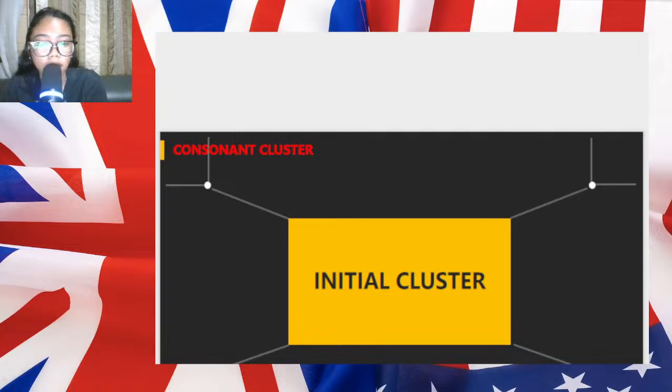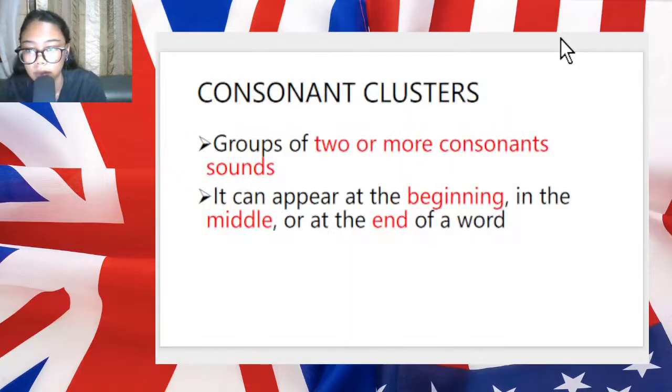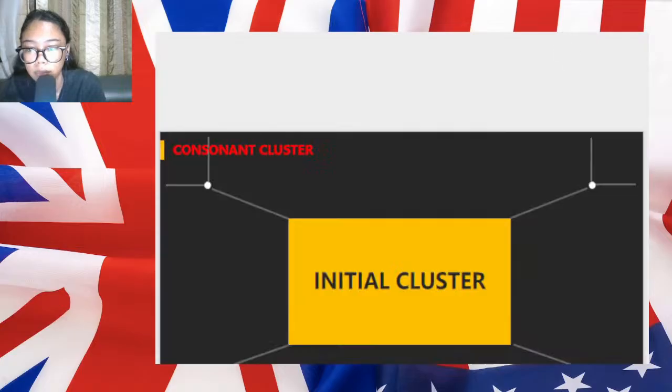Okay, so now that we know what a consonant cluster is generally, let us zoom in on a very common type, initial clusters. Can you see my slide? Let me check. Okay, wait for a moment. I'm going to try to adjust this one. You cannot really adjust it, but you can see the title, right? It's initial cluster.